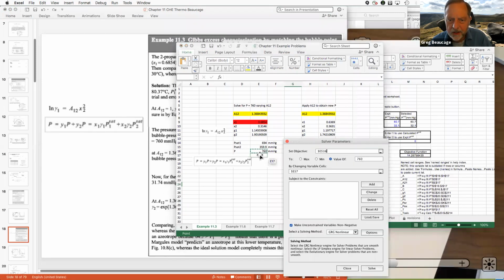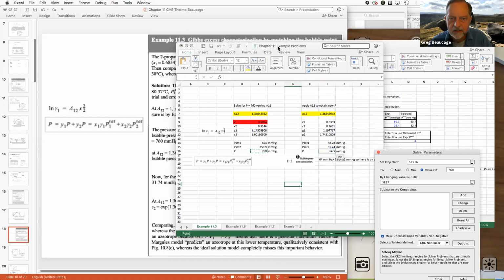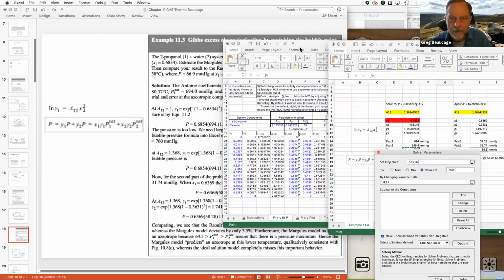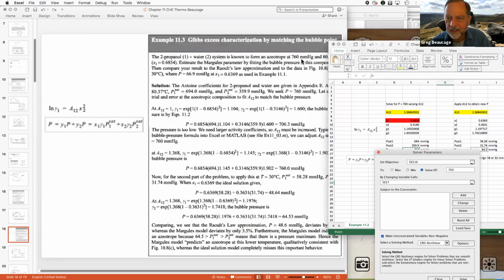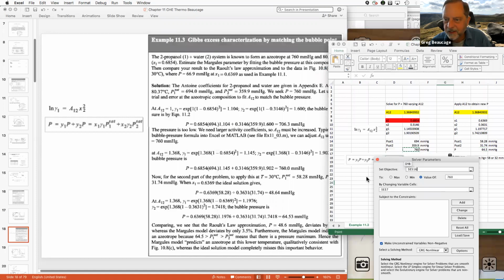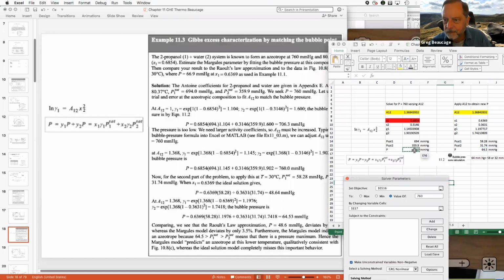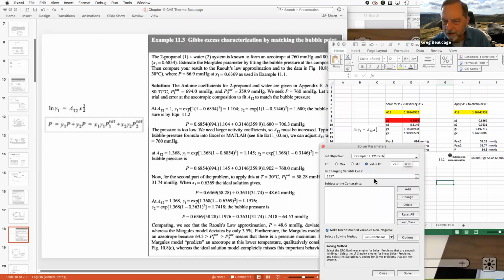It gives the azeotrope at 760 millimeters mercury, so you have to have that pressure. You're going to vary the value of A12 to get the pressure right.